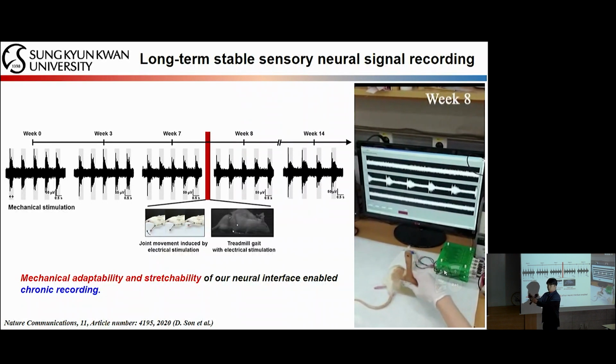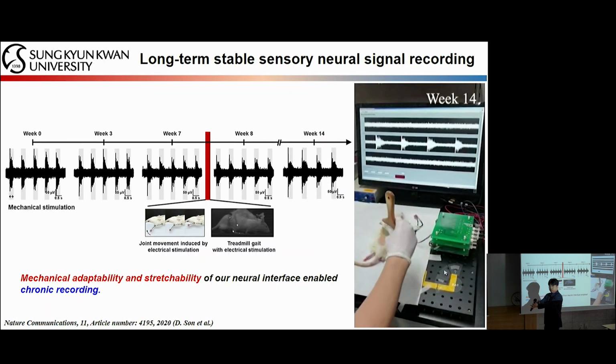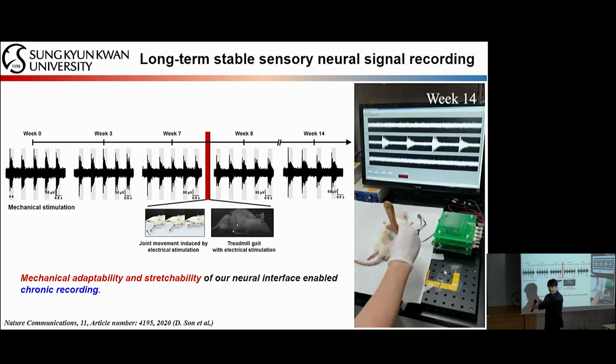So when we touch the rat's sole, the mechanical receptors transduce the mechanical signal energy into nerve signals, so we can record it. The monitoring was stable up to 14 weeks.